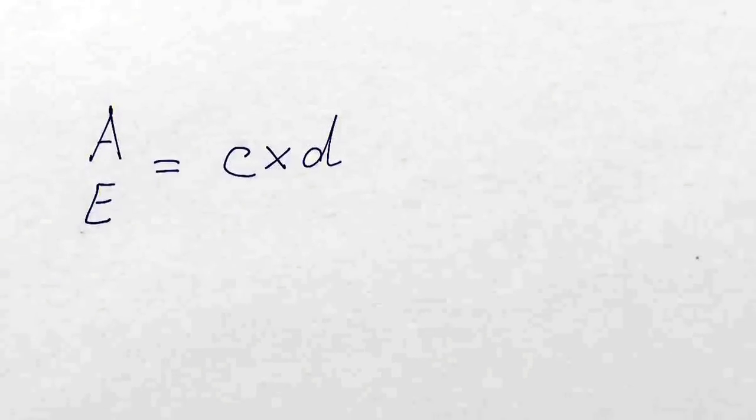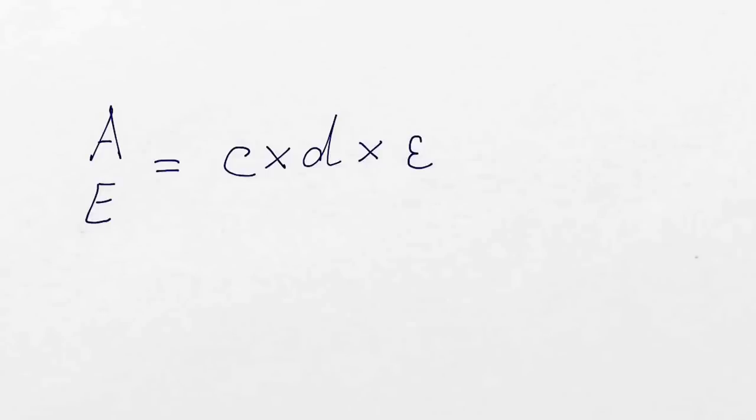Absorbance or extinction equals C, that's the concentration, times D, that's the path length, times the extinction coefficient or extinction factor, which is an epsilon. It's sort of like a 3 that is doing yoga. Okay?